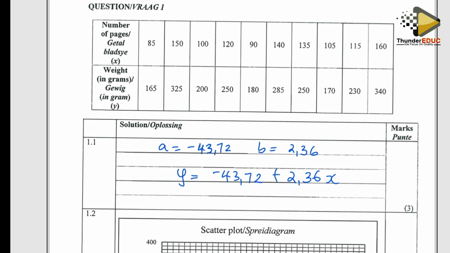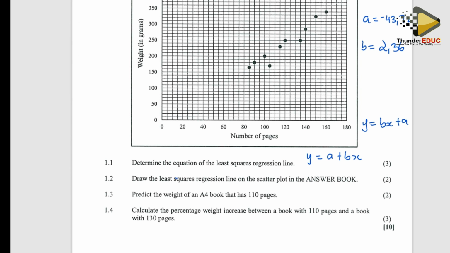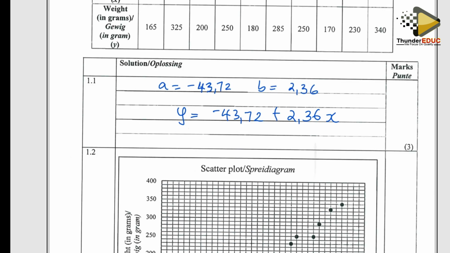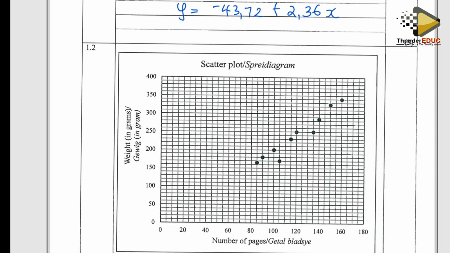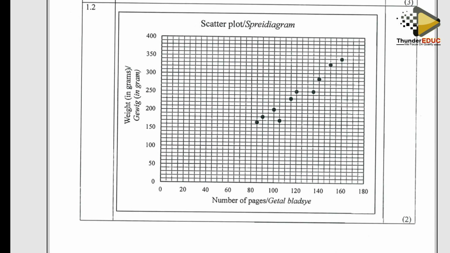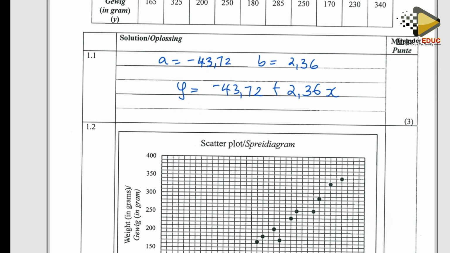Then we look at our next question. The next question is asking us to draw the least squares regression line on the scatter plot within the answer book. Within our answer book, these are the points. Remember what we said: for us to get the mean for the x's and also the mean for the y's, this is the point of interest about which the line is going to rotate.